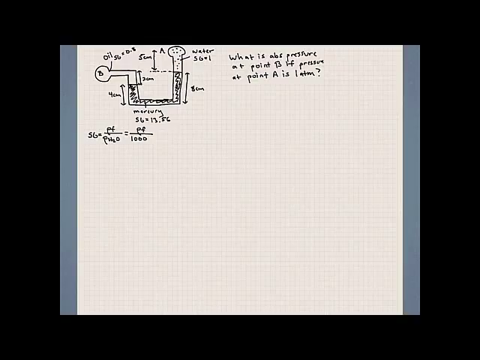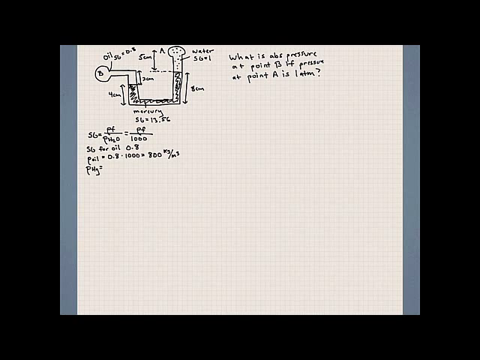So, for example, in this case, the specific gravity for oil is 0.8. If we multiply 0.8 times 1,000, which is the density of water, we'll get a density of 800 kilograms per meter cubed. Likewise, we can get the density of mercury.